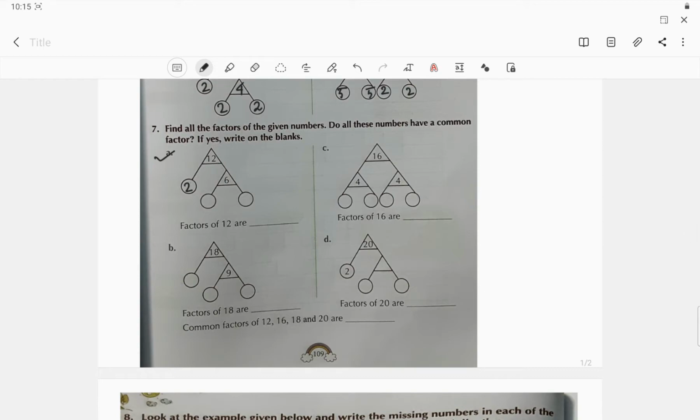Here the dividend and the quotient are given. When the dividend and quotient are given and you have to find the divisor, you have to divide the dividend by the quotient, so you will get the divisor, right?